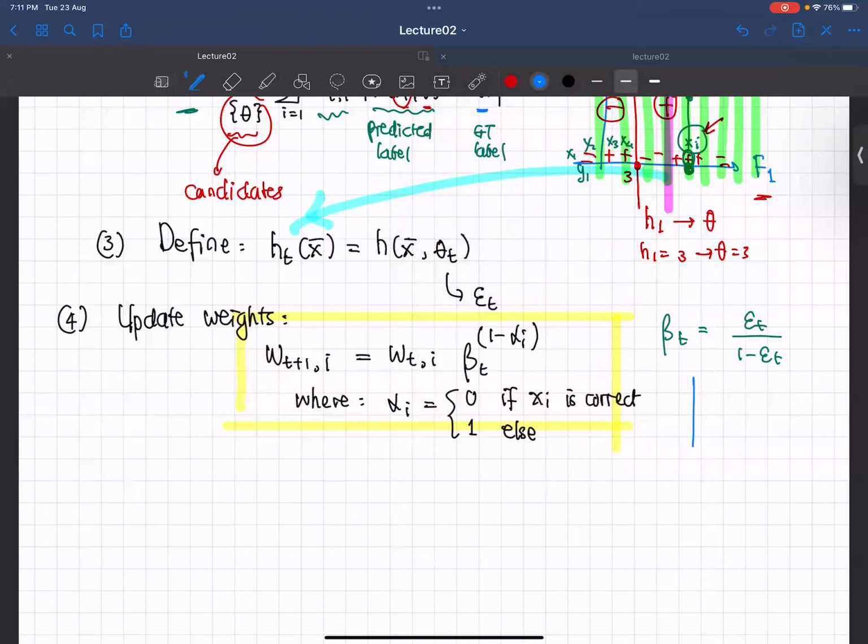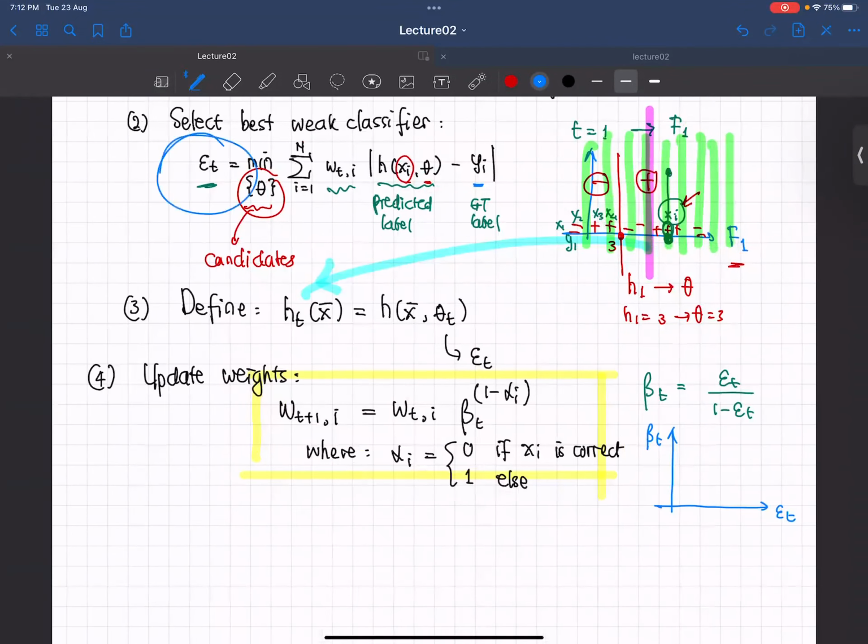If we draw the value of beta, we have a correlation between epsilon_t and beta_t. Epsilon is the error of your classifier, which means the quality of your classifier. If your classifier is a bad classifier, with too many errors, epsilon will be large. If the quality of your classifier is good, then epsilon will be 0 or close to 0.